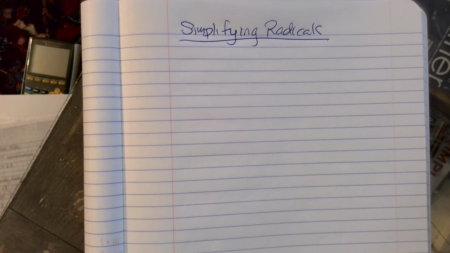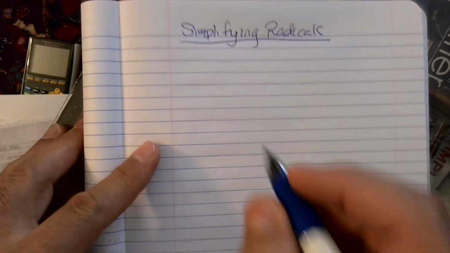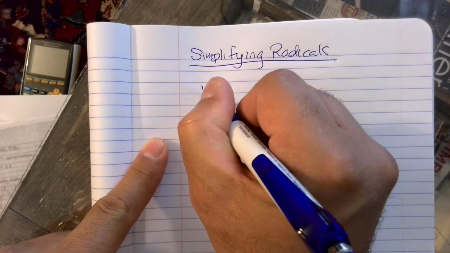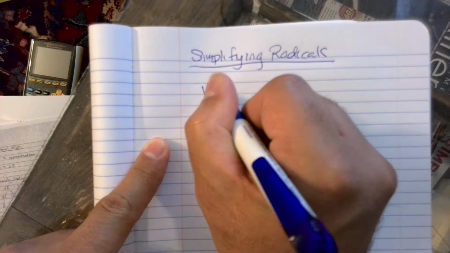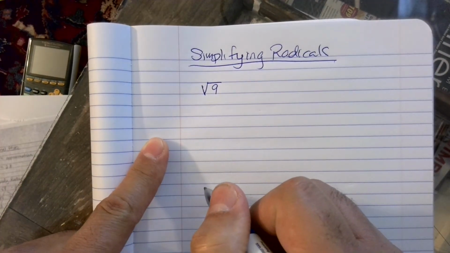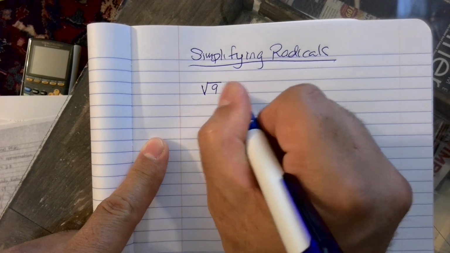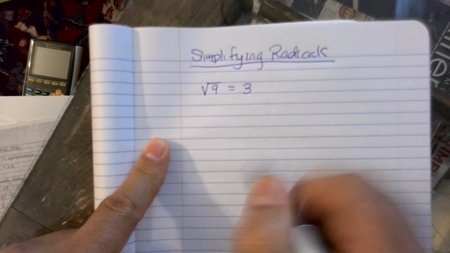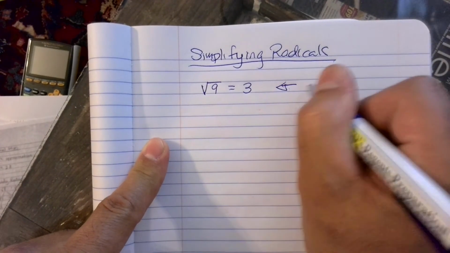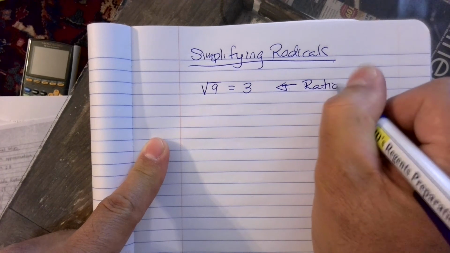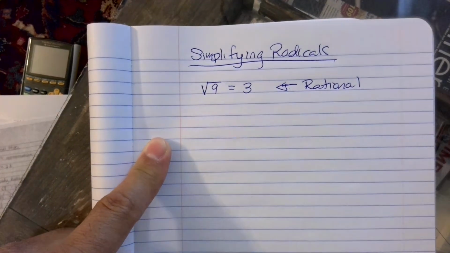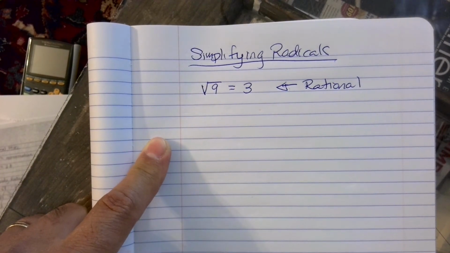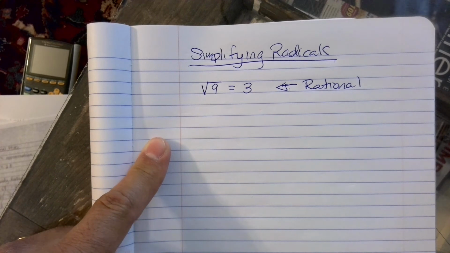As we move forward, we're going to start simplifying radicals, because when we have the square root of 9, right, we know the result is 3. This is a rational value. Right, we lose the radical. 3 is an integer. It's nice.